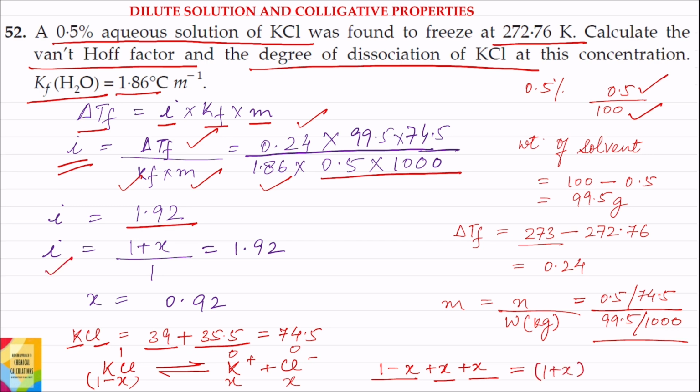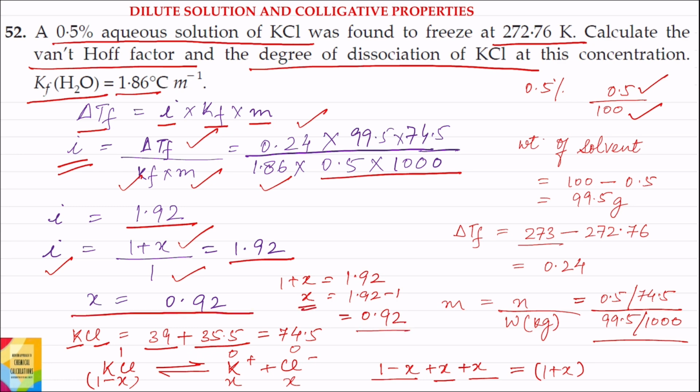Now value of i is also equal to number of solute particles after dissociation divided by number of solute particles before dissociation. तो ये हो गया 1 plus x divided by 1 and this is equal to 1.92. तो 1 plus x is equal to 1.92. Therefore x is equal to 1.92 minus 1 and this is equal to 0.92. x is the degree of dissociation. So the value of degree of dissociation, that is x, is equal to 0.92.